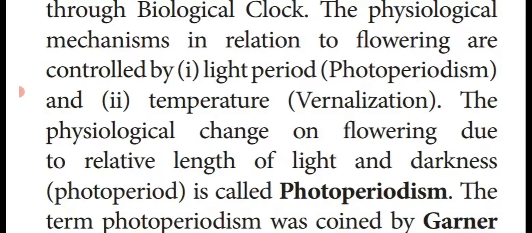What is photoperiodism is a very, very important 2-mark question. The answer is the physiological change. Physiological change means functional change on flowering is due to the relative length of light and darkness.